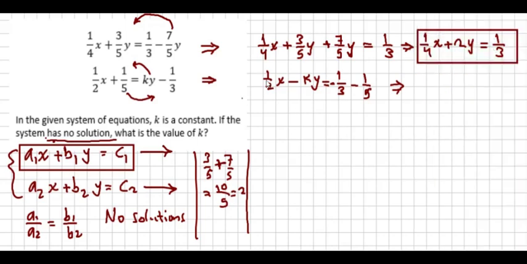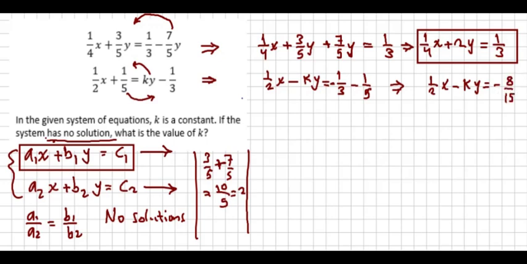So here we can rewrite this equation as half x, you can write it as 1 over 2x minus ky. They are the same here. 1 over 2x minus ky equals, when adding these two fractions, negative 8 over 15.